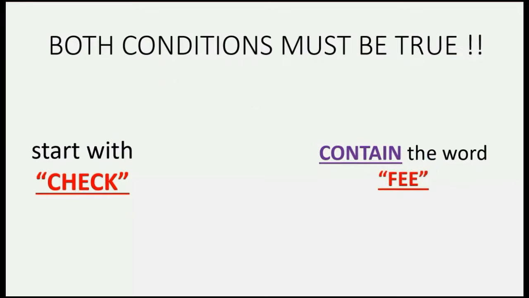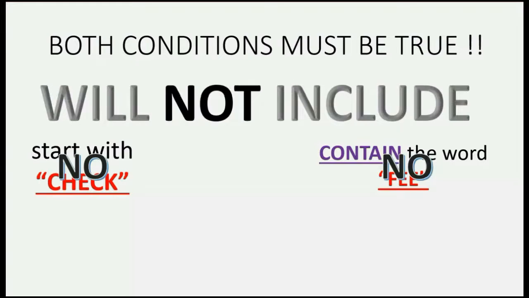And if you're using an OR statement, it means that in order for a transaction to not be in the rule, both of them have to be not true. So only transactions that do not start with the word check and do not contain the word fee will not be included in the rule if the rule contains an OR statement.